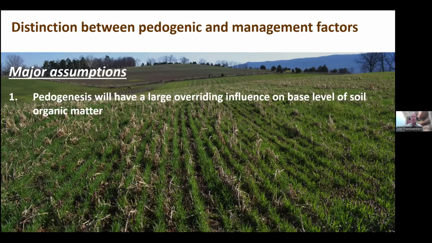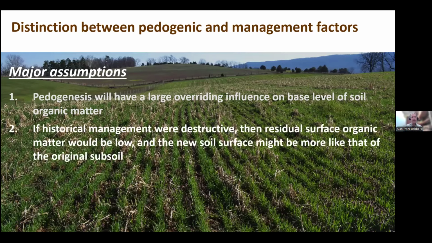Pedogenesis will have a large overriding influence on base level of soil organic matter. The soil formation factors that occur across the landscape all around the world are important, and this is one way where we can account for them. Of course, we still need to understand why they occurred, but this is a simple index where we can account for them.